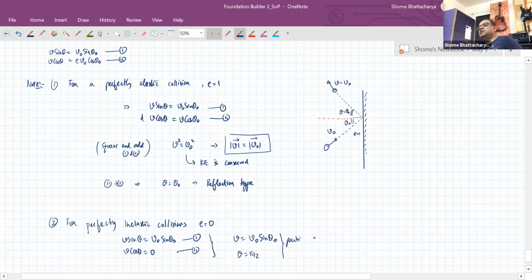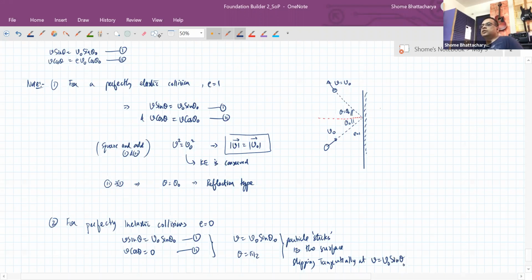So the particle sticks to the surface, slipping tangentially at V equal to V naught sin theta naught.